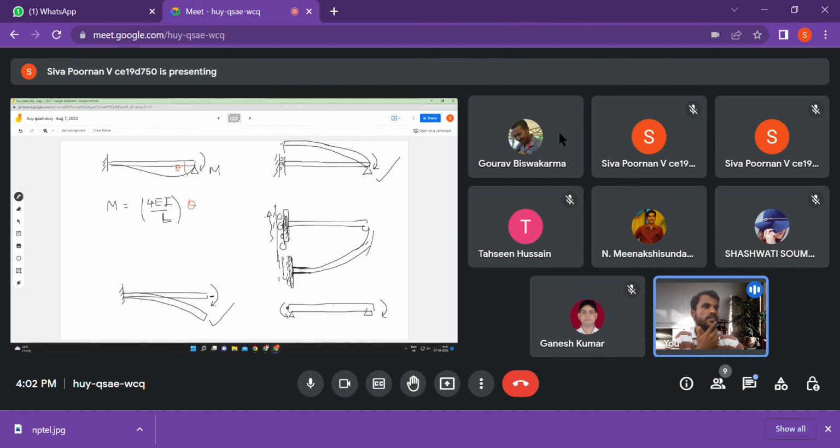Then half of it is actually a very good example of a guided roller. Why? Because the shear force is zero here, and it will allow it to move freely along this line. And if you see the free body diagram of it, it will be the same as this. So it will deflect similar to this. That's it.